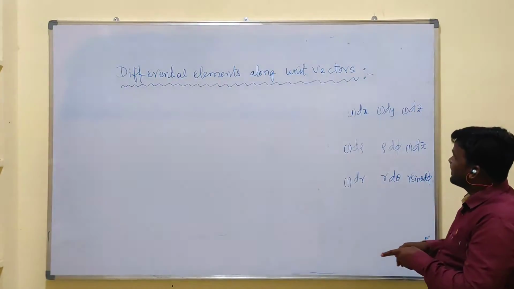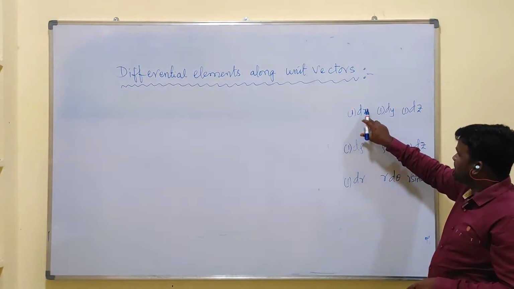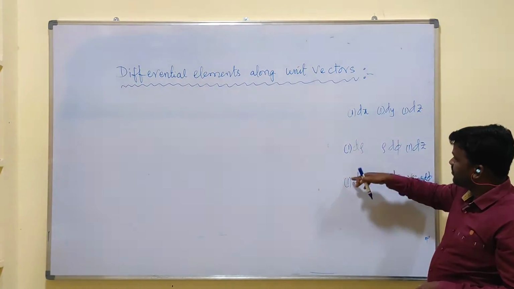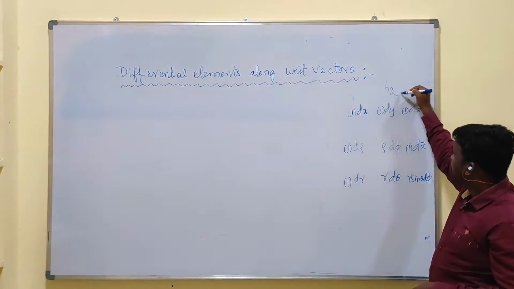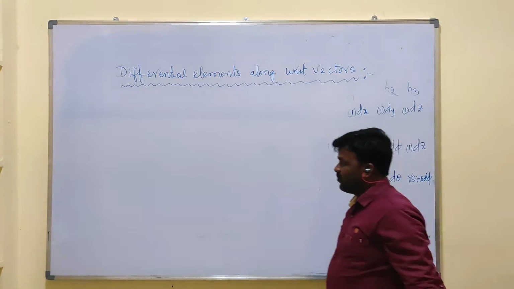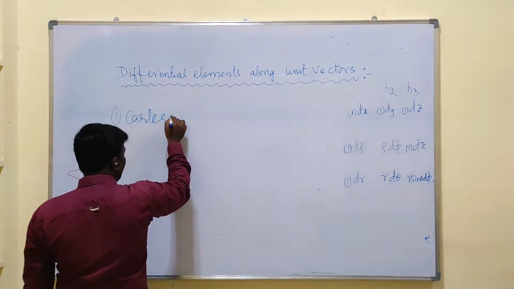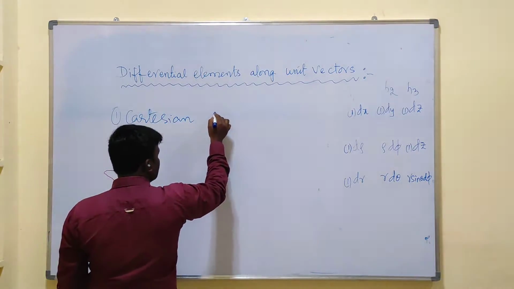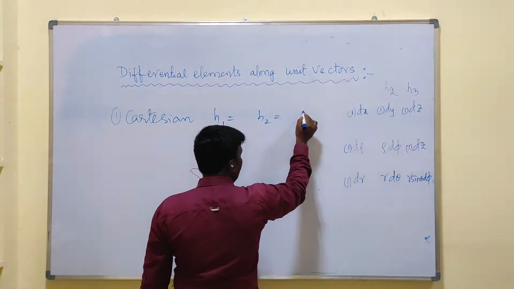I am considering the multiplication factor of this differential element. For the first, second and third elements, I am taking these as H1, H2, H3. Now tell me, for the Cartesian coordinate system, H1 equal to H2 equal to H3 equal to what?